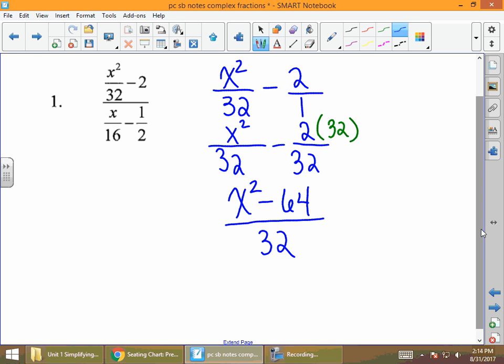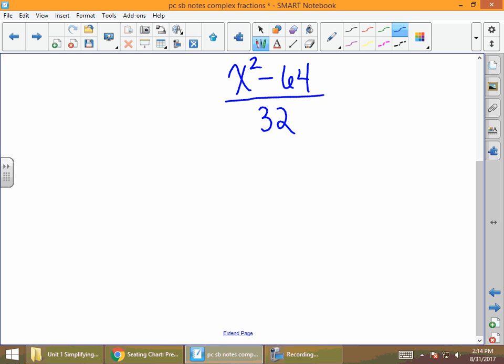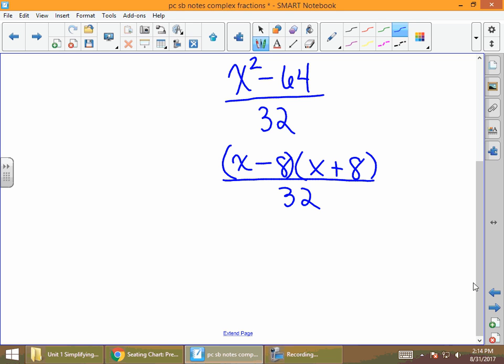What else can we do to that fraction? Ready? Difference between two squares. We can simplify x squared minus 64, and when we do, we're going to get x plus 8 and x minus 8, different signs, all divided by 32. Well, what we just did is we dealt with the top of that fraction.